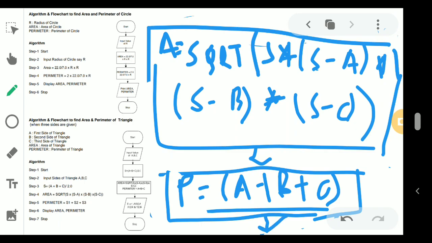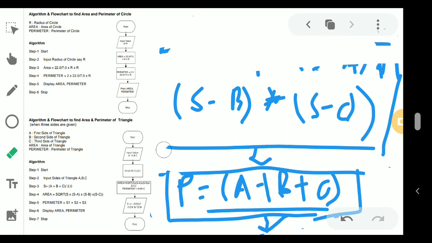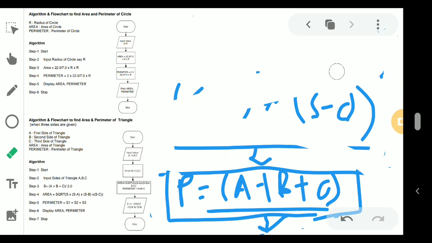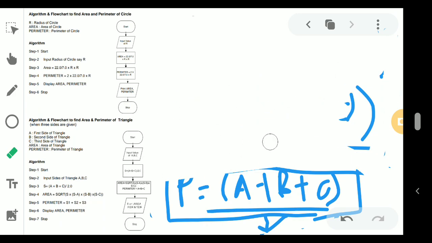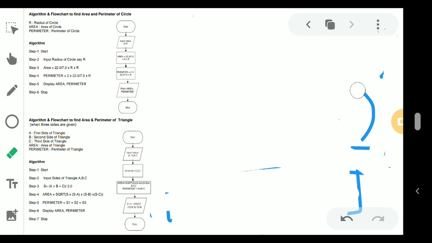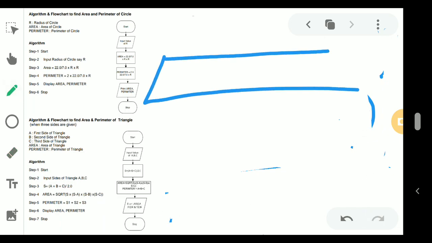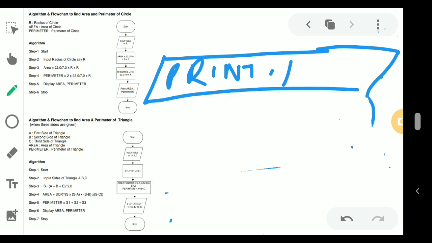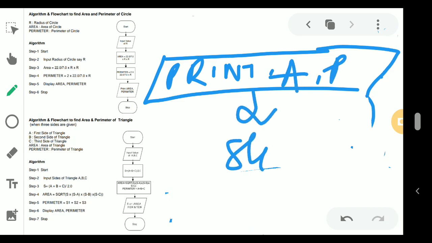Then we draw a parallelogram to print the values of area and perimeter, and then there is a stop.